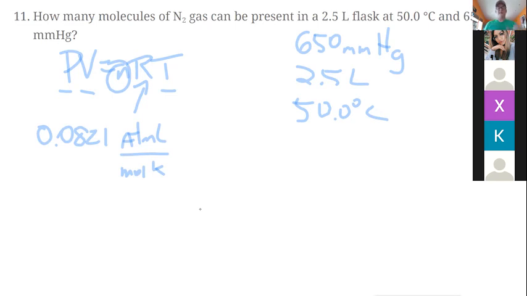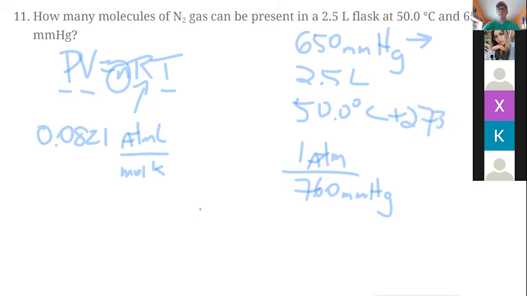So we have to convert to atmospheres. We need to convert to liters. We need to convert to K. Well, we already have liters, so we need to convert millimeters to atmospheres. So remember, to do that, we multiply by 1 atmosphere is equal to 760 millimeters of mercury. And then to convert our temperature, we add 273.15 K.